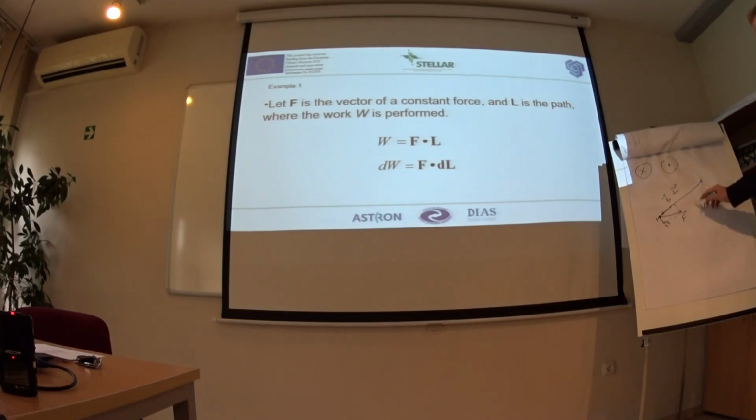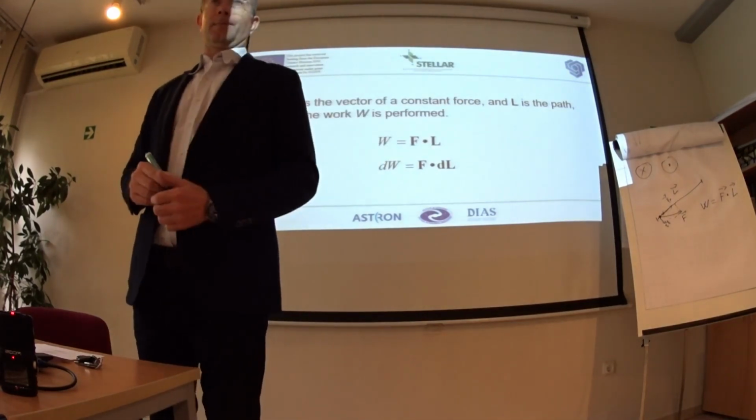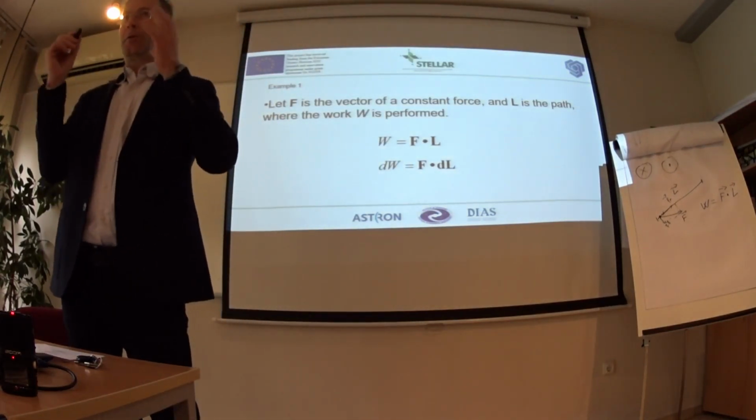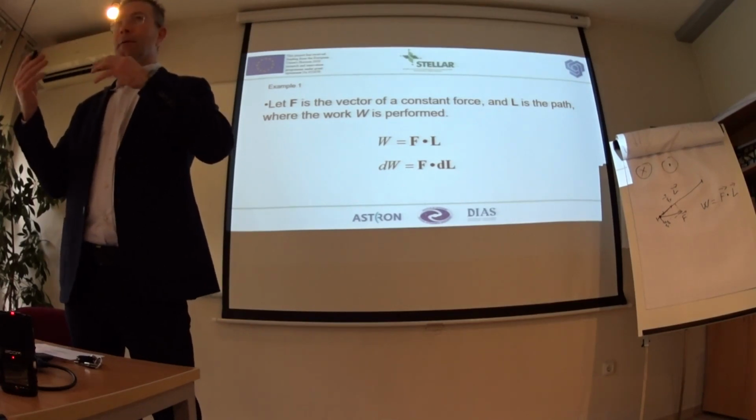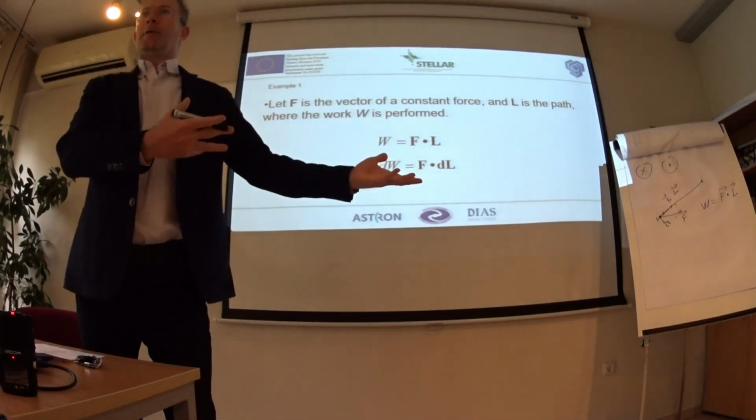The sum work will be the sum of the dot products Fx dot L and Fy dot L. But Fy dot L is 0 because the force is orthogonal to the path, so this component won't do any work. That's why we use the dot product. Now it becomes a bit more clear why these operations were introduced to physics, because there is a great benefit out of them.